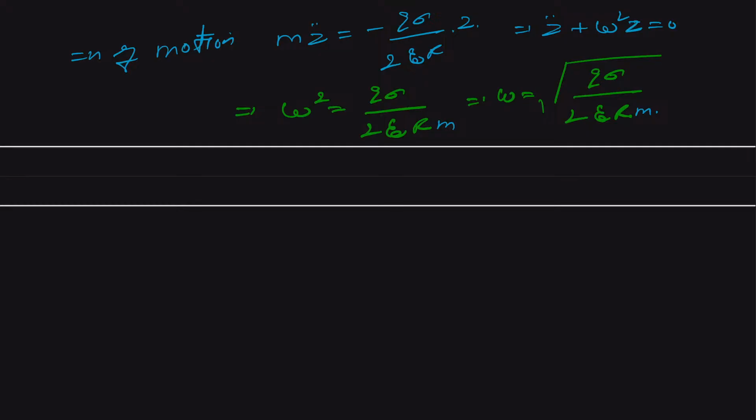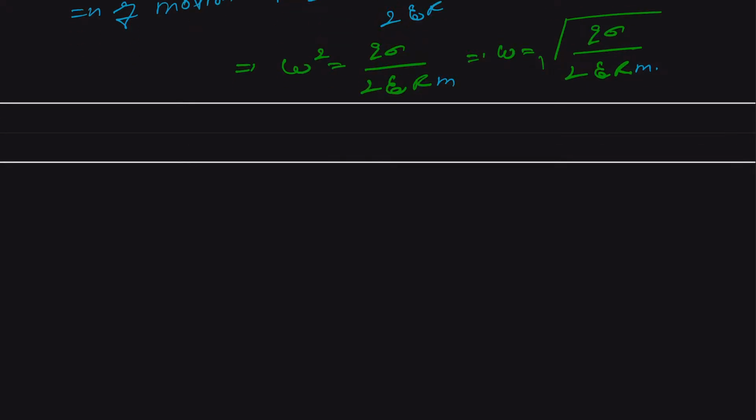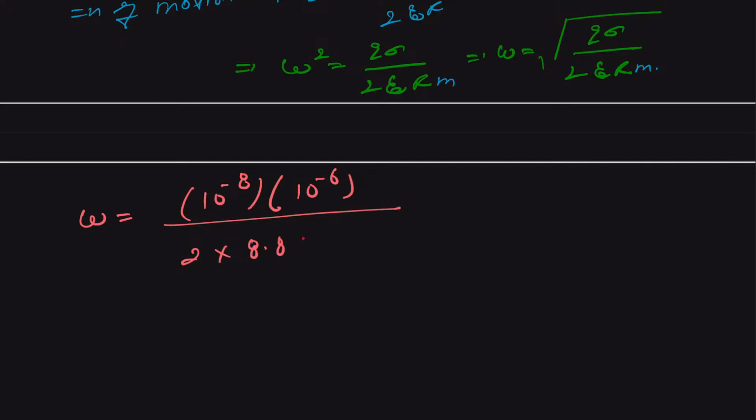And so we get omega equal to the square root of: charge is given as 10 to the power minus 8, density is 10 to the power minus 6, 2 epsilon naught is 8.85 into 10 to the power minus 12, radius is given as 0.1 and mass is given as 1 gram, that is 10 to the power minus 3 kg. So this approximately will be equal to 2.4 radian per second.